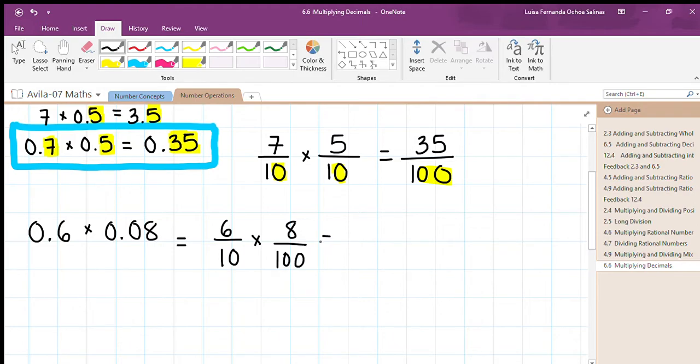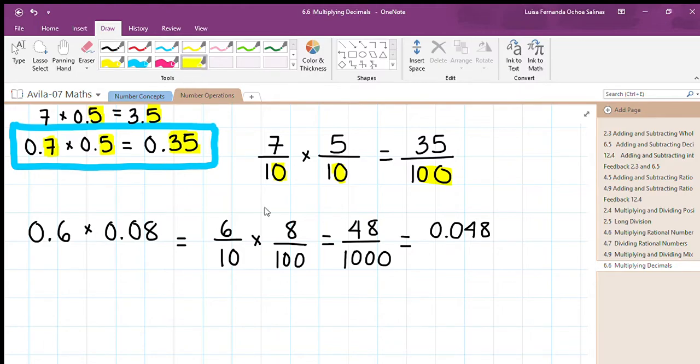So what is going to be my answer? 48,000. And if I write it as a decimal, I have to make sure that I'm finishing in the thousands, so I have to put a 0 here, and then my hundreds and my thousands. Good, so that's my answer.